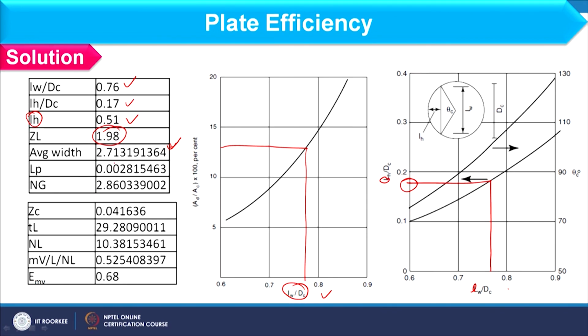Accordingly you can find out LP as well as NG value. ZC, if you consider here for the sieve tray, you can find the value, which is coming as 0.04, and TL you can obtain like this, and so the NL, and considering all these parameters you can find the point efficiency, which is coming out as 68%.